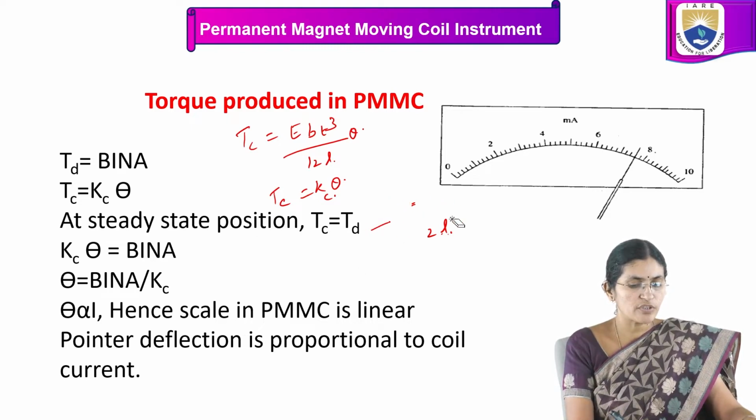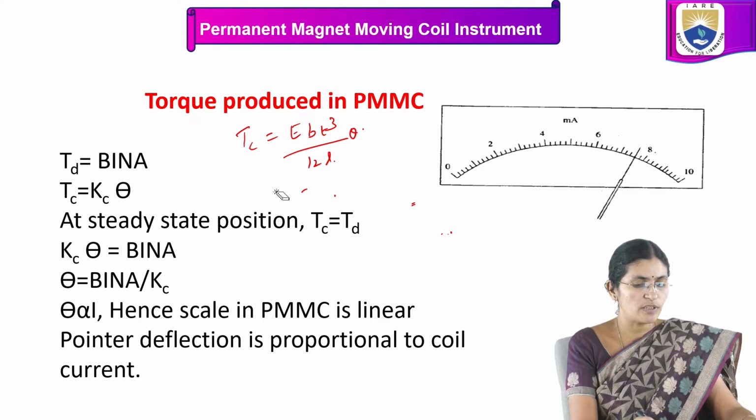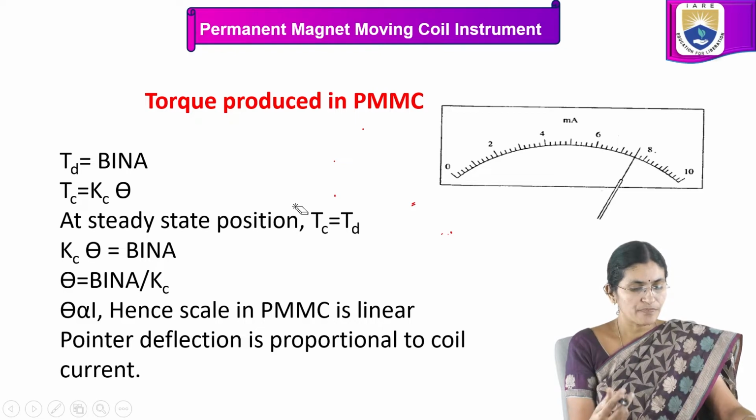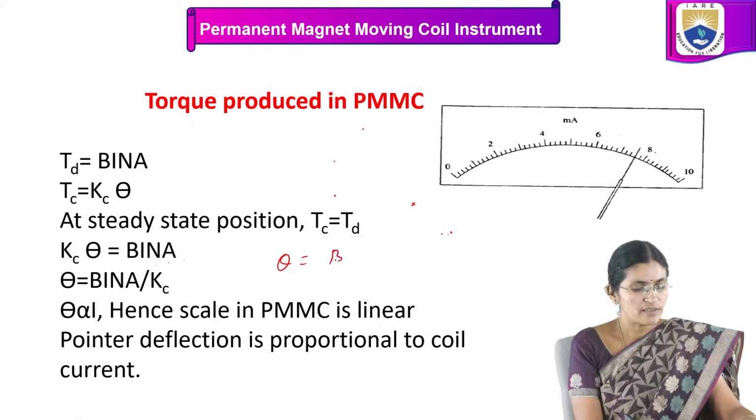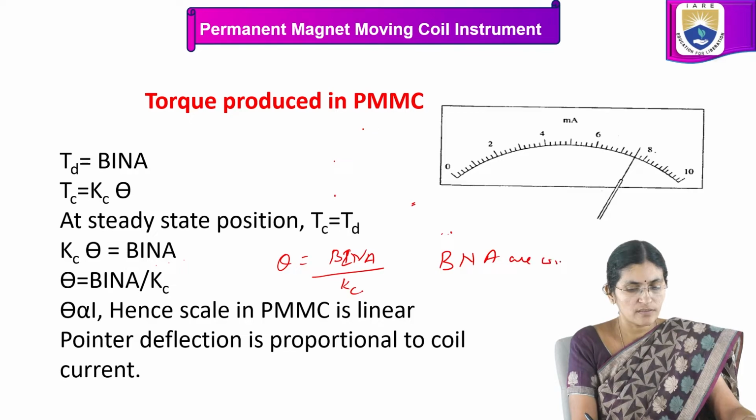At steady state position, controlling torque is equal to deflecting torque. So we can write Tc is equal to TD, that is Kc into theta is equal to BIN into A. From this expression, theta is equal to BIN into A divided by Kc. Here B, N and A are constant, whereas I is variable.